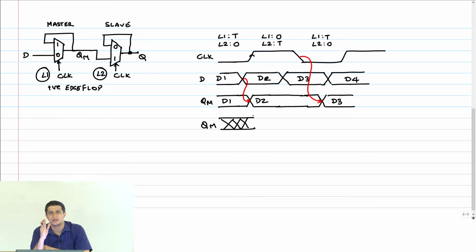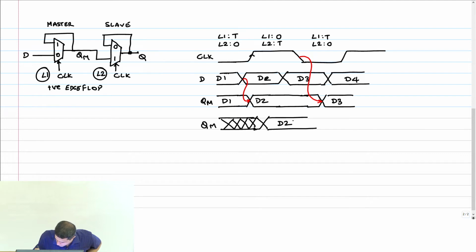The latch L1 has already sampled the data that you wanted and it is holding it through the positive cycle. At which point L2 is now becoming transparent, and therefore the change in D2 will go out. Okay?